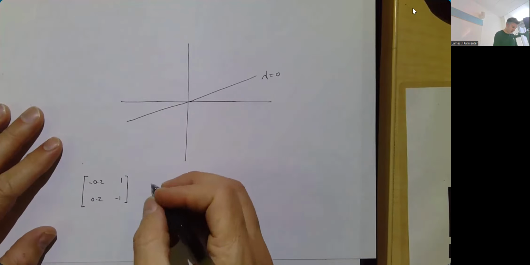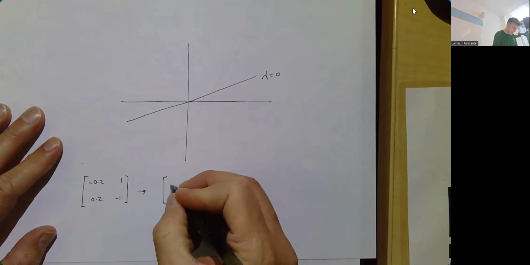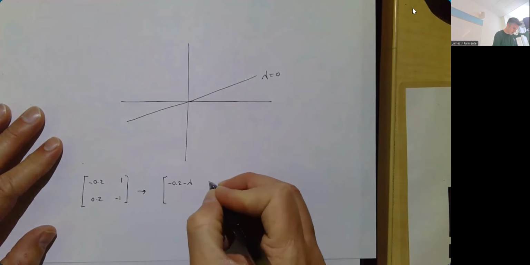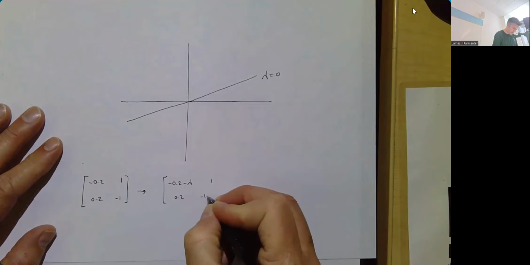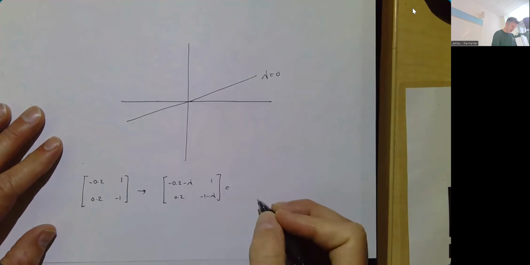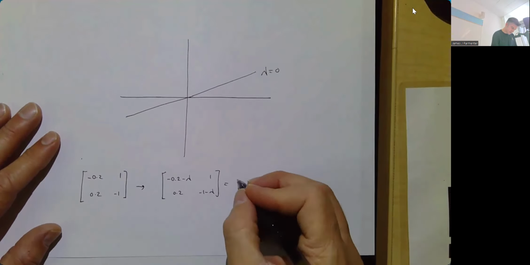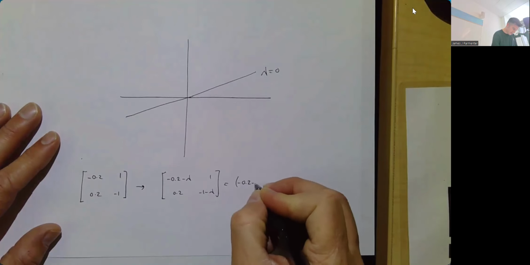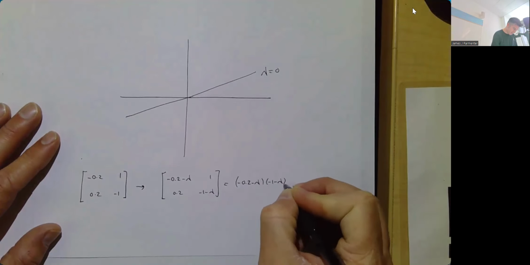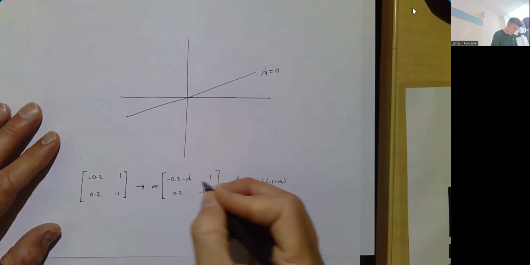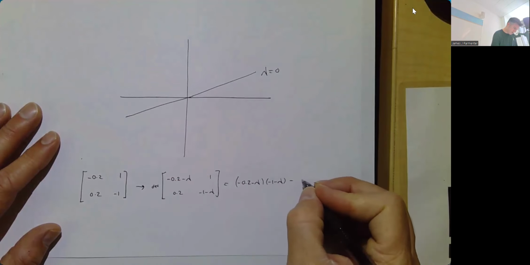But if we try and find the eigenvalues, negative 0.2 minus lambda, 1, 0.2, negative 1 minus lambda, and we multiply this whole thing out, we take the determinant: negative 0.2 minus lambda times negative 1 minus lambda, minus 1 times 0.2.